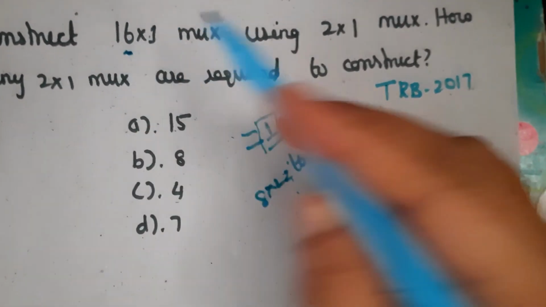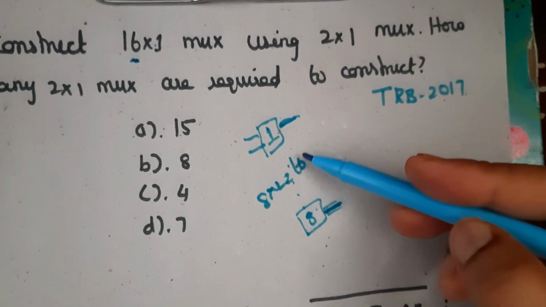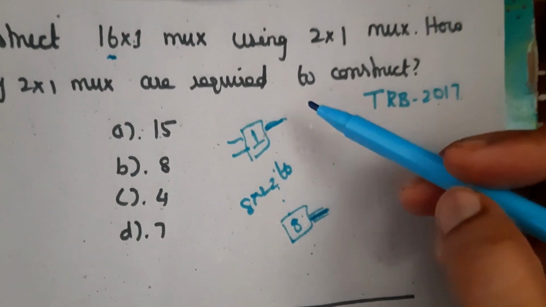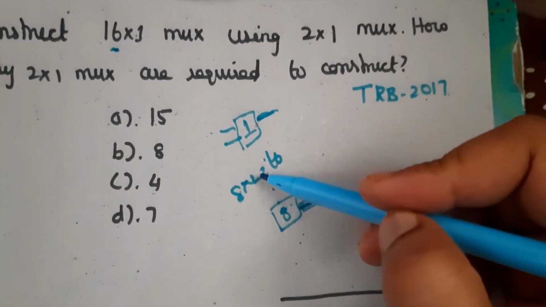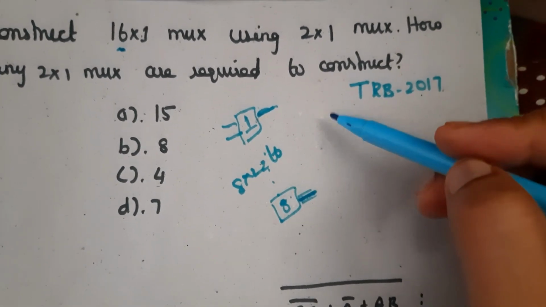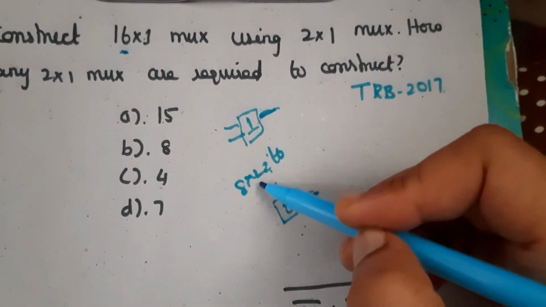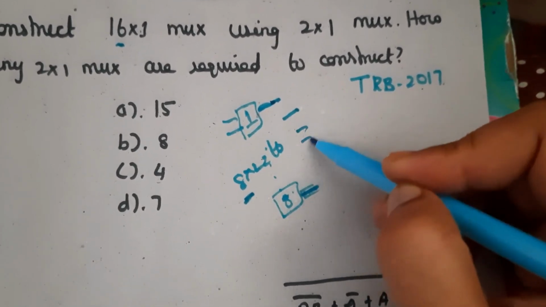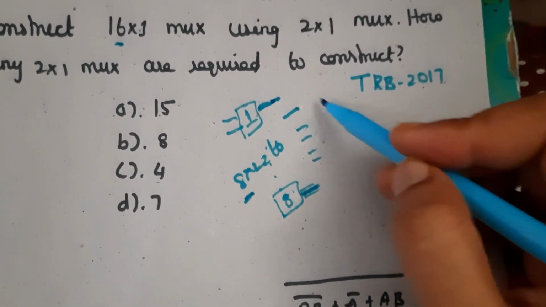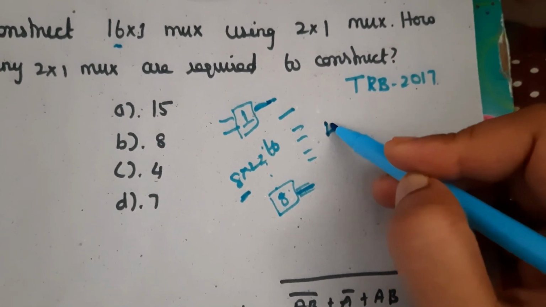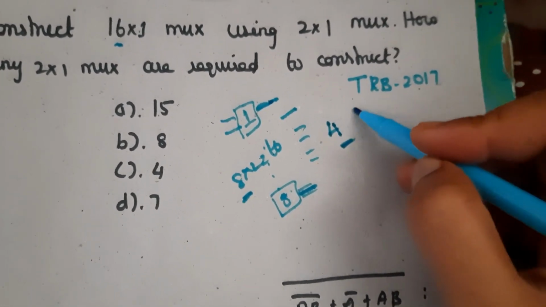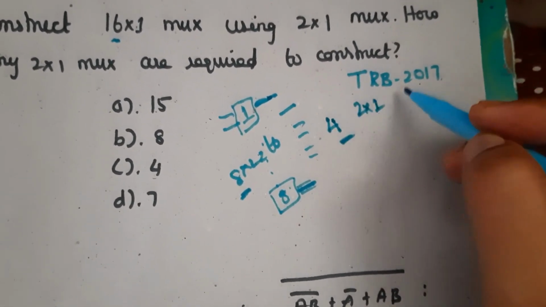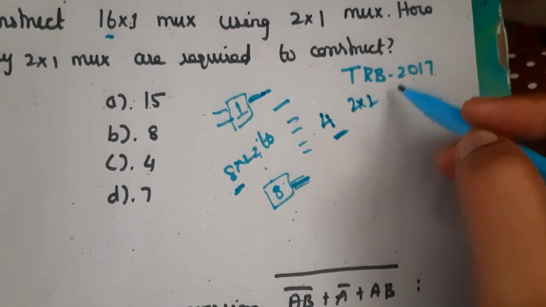This 16 input can be represented using 8 2 cross 1 mux. So the first stage requires 8. Then in the next stage we get the 8 outputs here. So in the next stage we require 4 2 cross 1 mux to provide the answer to the next stage.